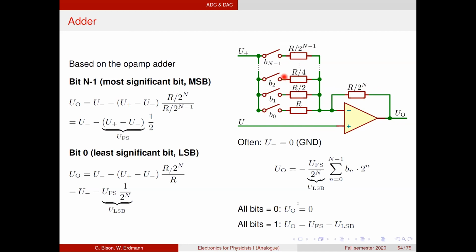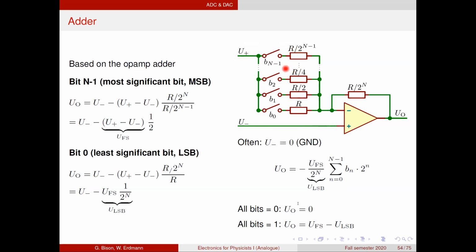And so now what happens if we only switch on this switch? Then we generate a current here that is given by the reference voltage. Remember, for an op-amp circuit, the 2 voltages here are the same. So the potential at this point is the minus reference voltage. So the current that flows here is given by the difference between plus and minus reference voltage divided by the resistor.